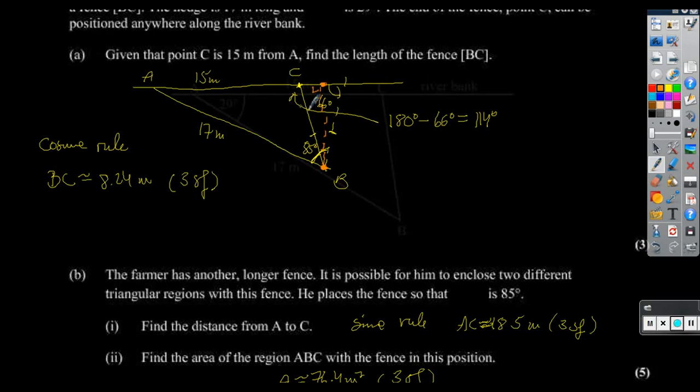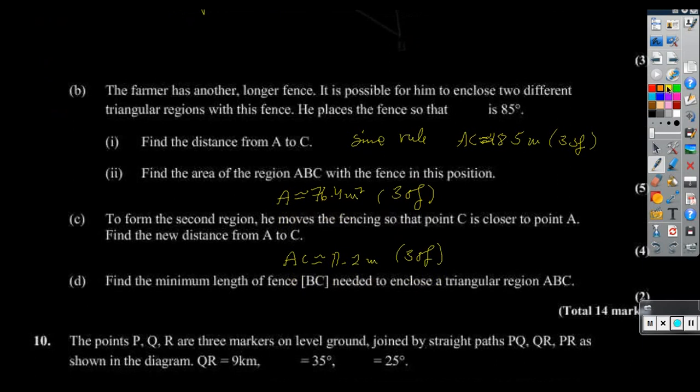Okay, so this time you're looking at a right angle triangle, and then you can calculate pretty easily CB, 8.24 meters to 3 significant figures.